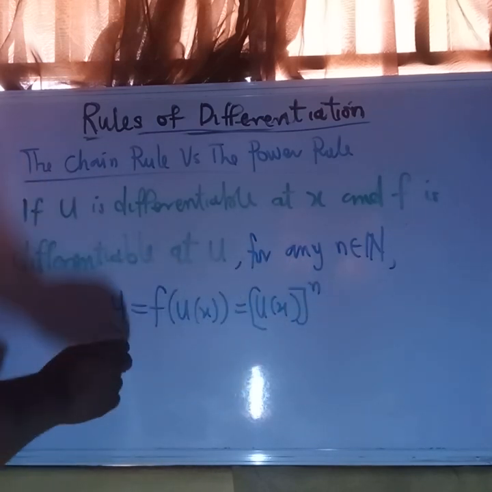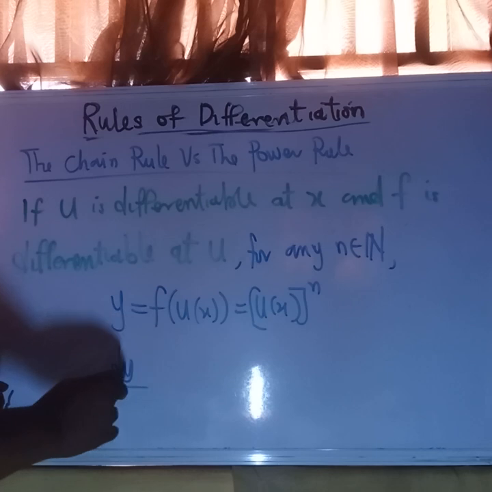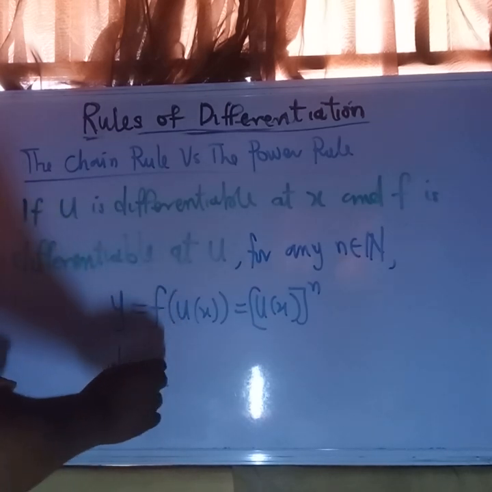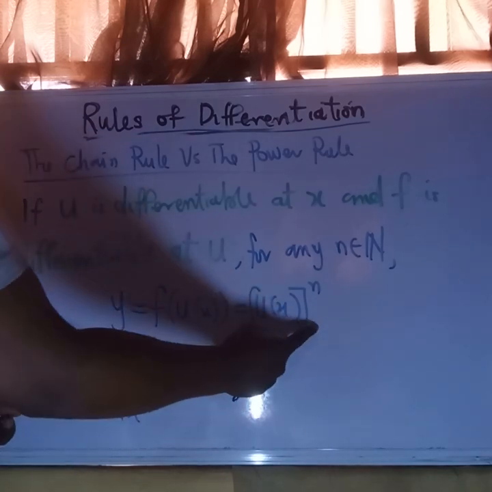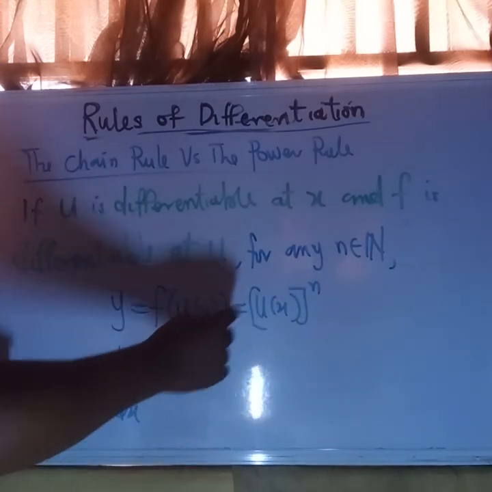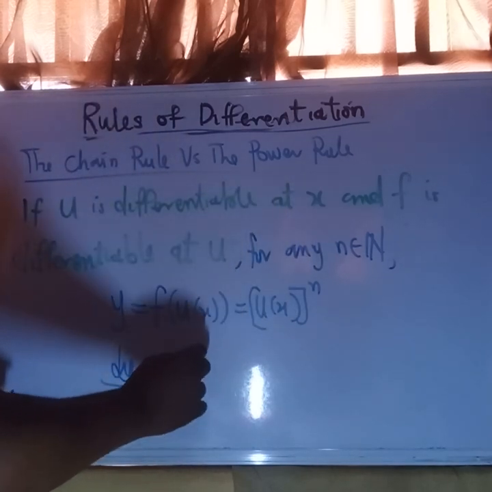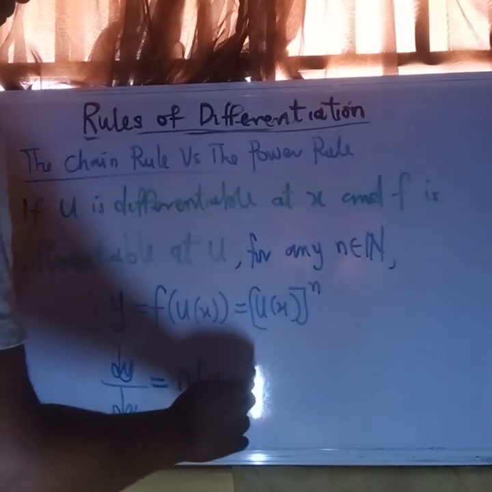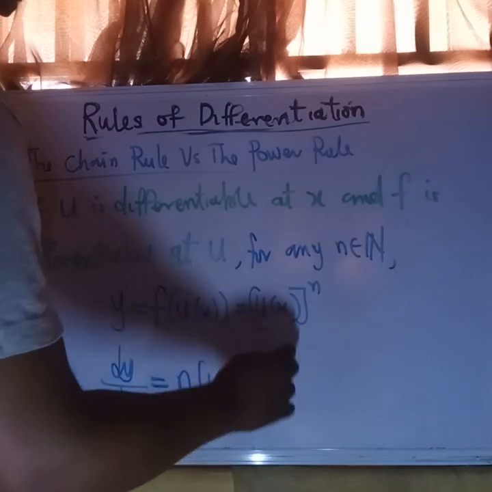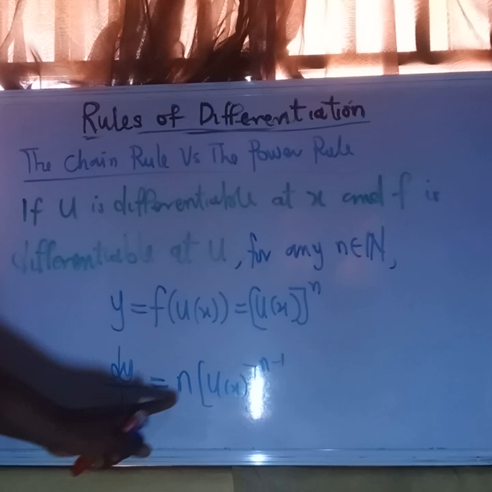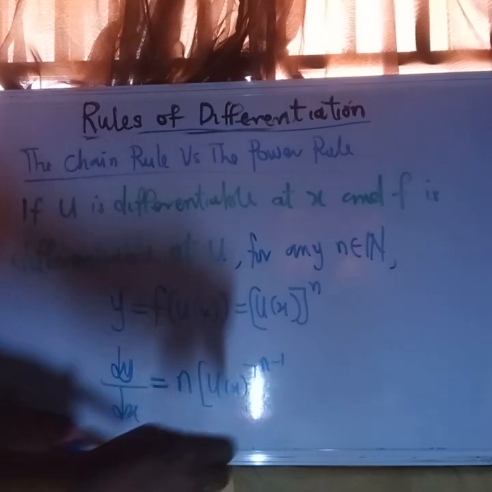In this case, the derivative of y with respect to x is given by applying the power law, which says whenever we have a function whose power is n, we take n down and remove 1 from the power, giving n minus 1.